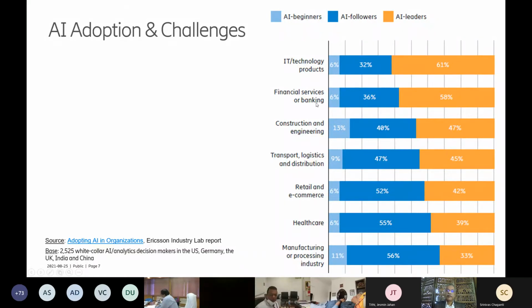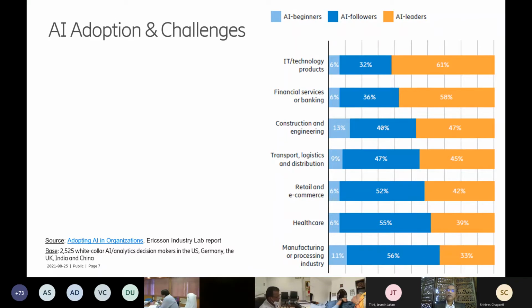Then you can go down and see that in some of the other industries more related to process and manufacturing, fewer industries have taken those steps.